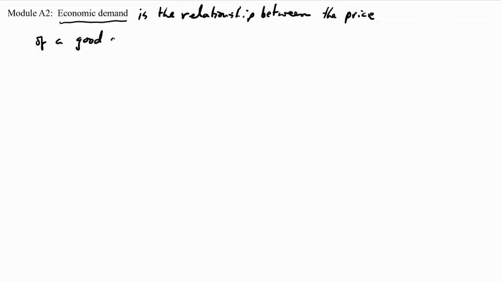Economic demand is the relationship between the price of a good and the quantity that is purchased. So that's a relationship between price and quantity. The price of a good and the quantity purchased.